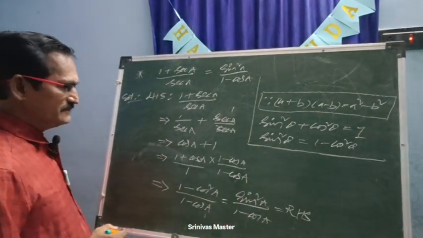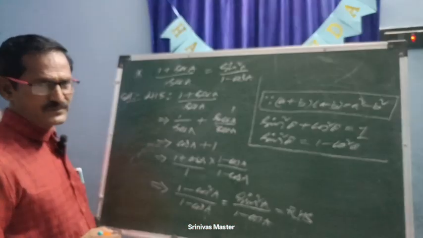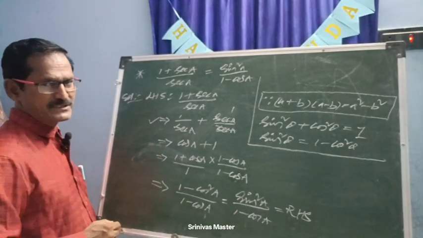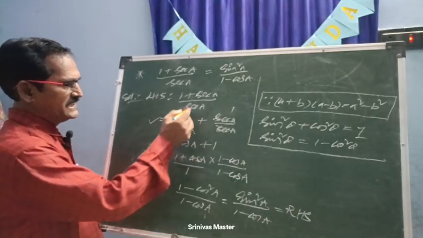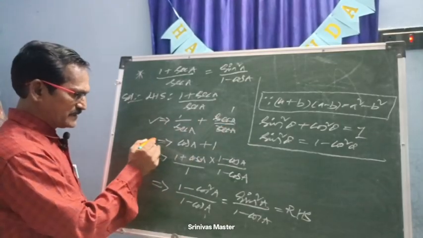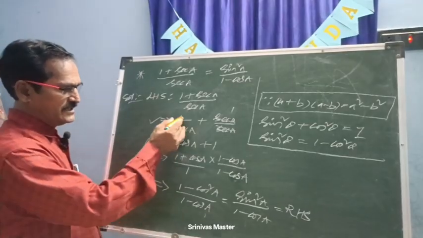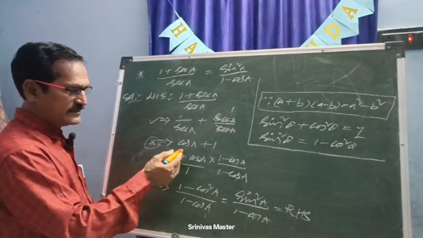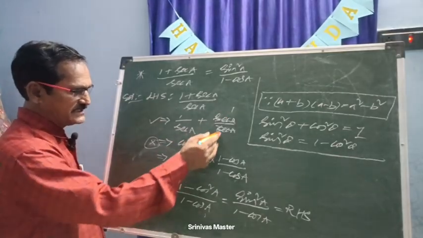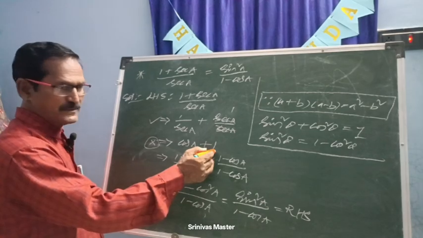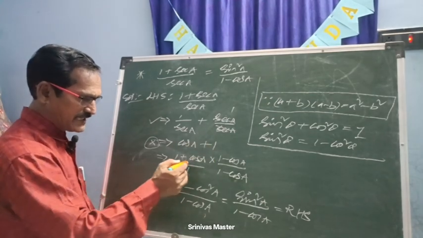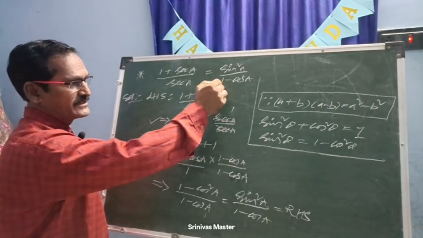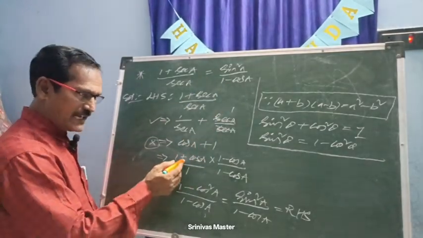See children, some of the steps are must, and some of the steps are not compulsory. This step is compulsory because we are splitting, and sin by sin is 1. This is not a compulsory step because you know that 1 by cos A is sec A, and sin by sin means 1 plus 1, so you can directly write 1 plus cos A. To get the RHS, when you compare with the denominator, you should do the rationalizing part.